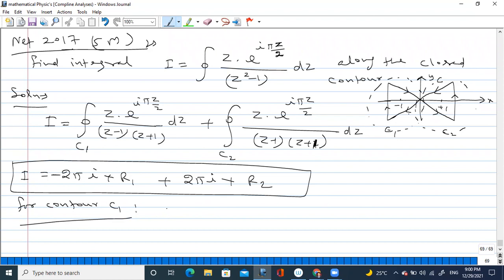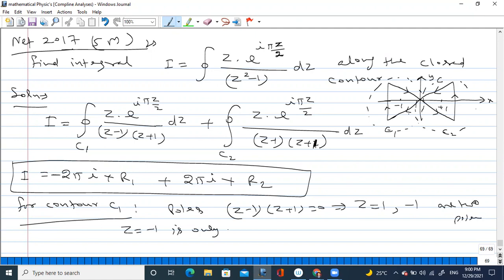First of all, poles are (z minus 1) into (z plus 1) equal to 0. So z equal to 1 and minus 1 are the 2 poles. Out of that, z equal to minus 1 is the only inside pole.